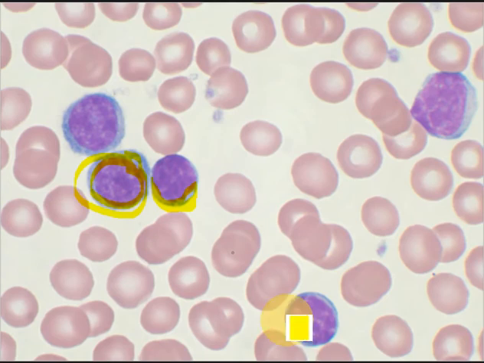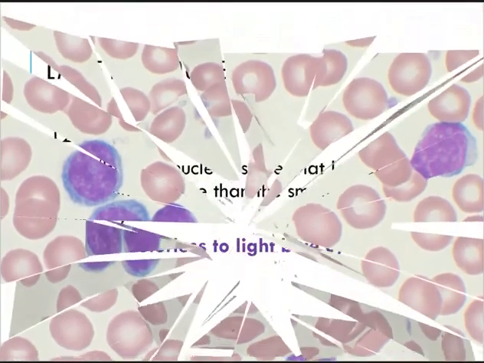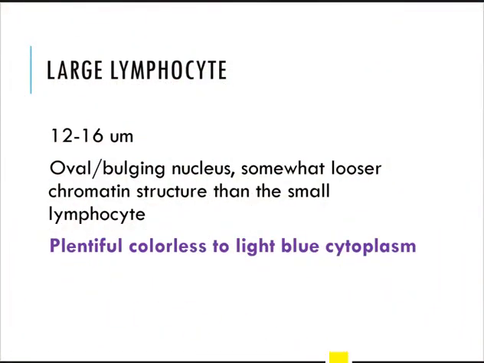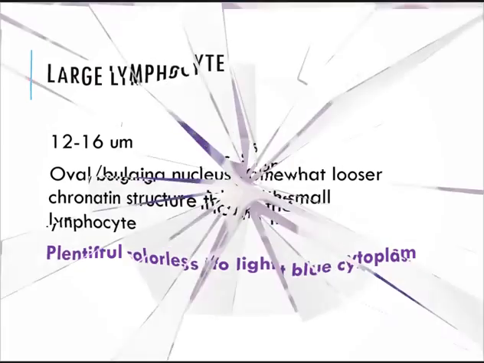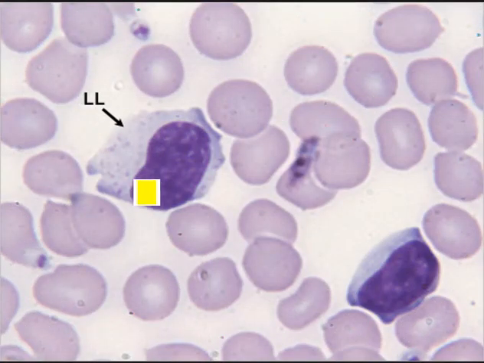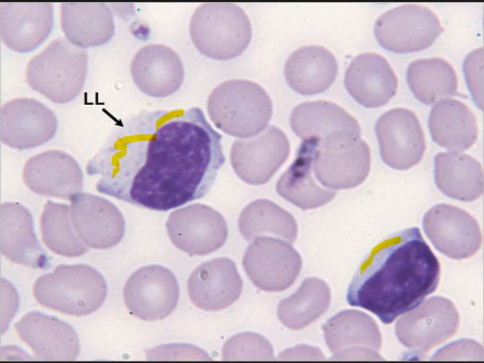Whereas your large lymphocyte, its cytoplasm is usually colorless. It has a larger cytoplasm, it's much larger.